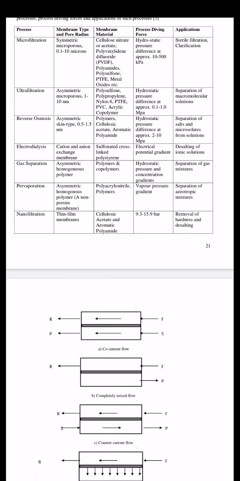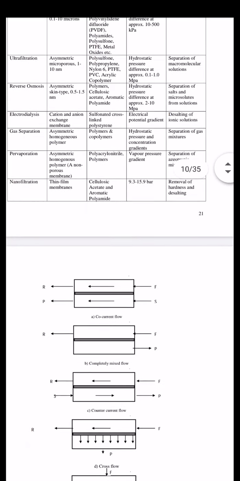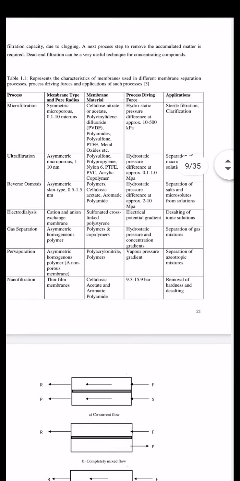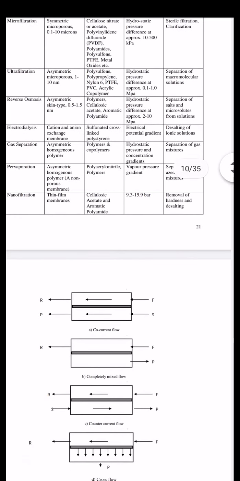And as per nanofiltration, I told you this is also one of the most important applications, widely used, where a thin film membrane type is used for the separation of solvent or solution, sorry. The membrane material would be cellulosic, acetic, and aromatic polyamides, where the pressure required is very high, that is 9.3 to 15.9 bar.